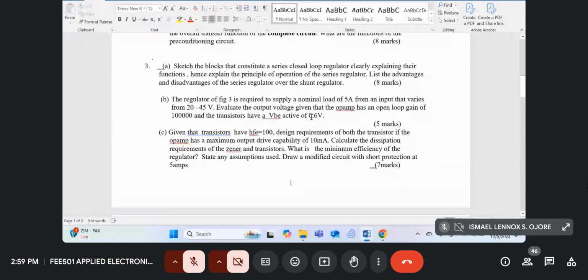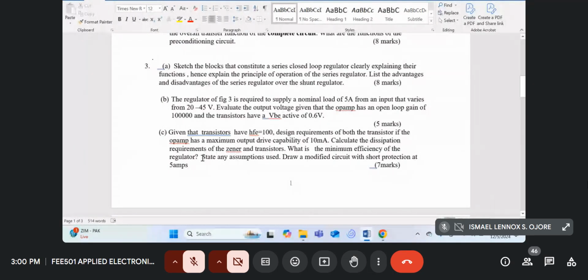So that's easy. We've already done a similar one. Then part C, given that the transistors have an HFE of 100, design the requirements of both the transistors if the op-amp has a maximum drive capability of 10 milliamps.